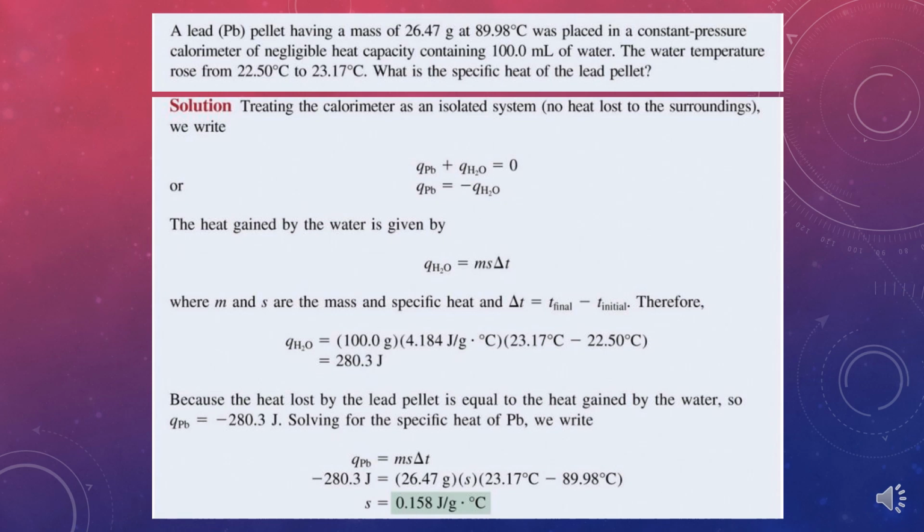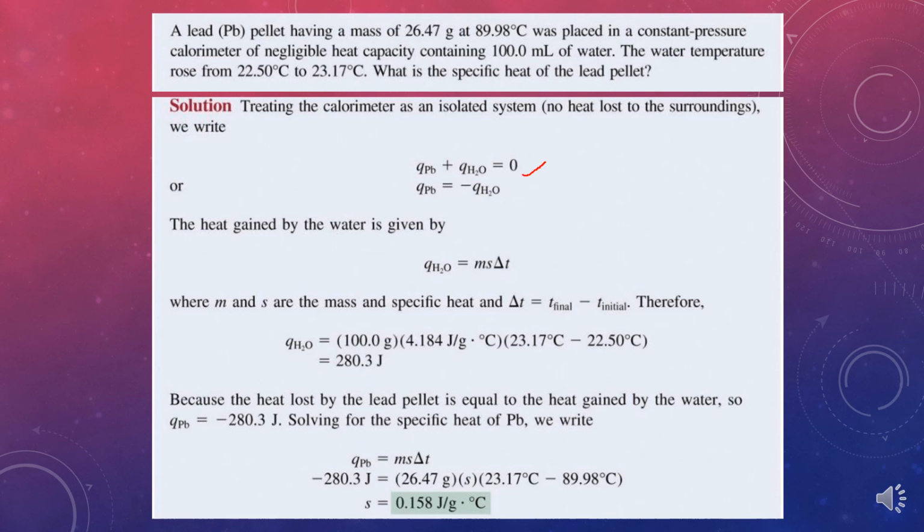Constant pressure calorimeter is a simple calorimeter or coffee cup calorimeter. Don't forget that calorimeter is an isolated system, meaning no heat loss to the surroundings. The equation is heat of lead plus heat of water or solution equals 0.